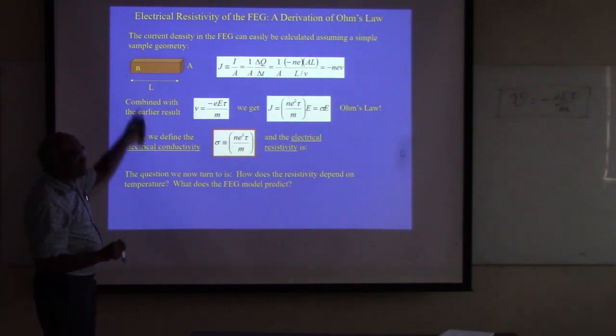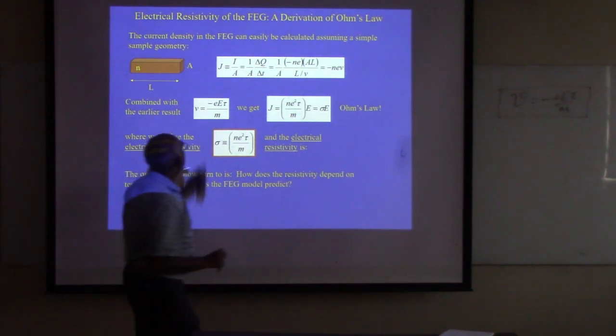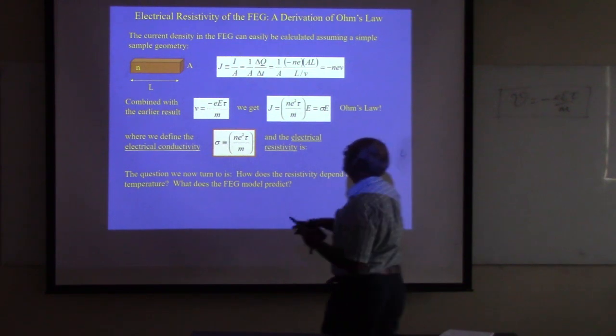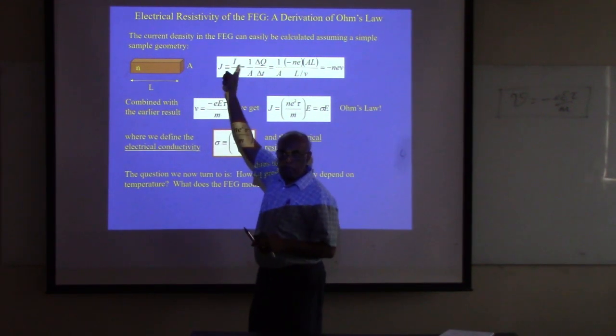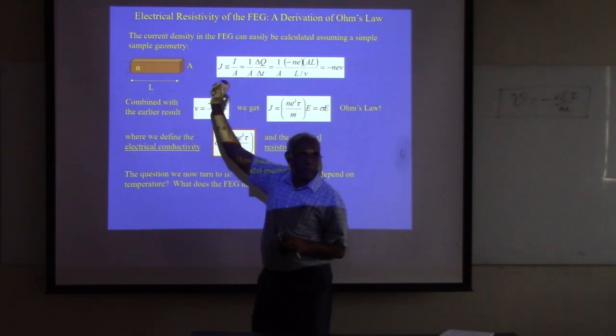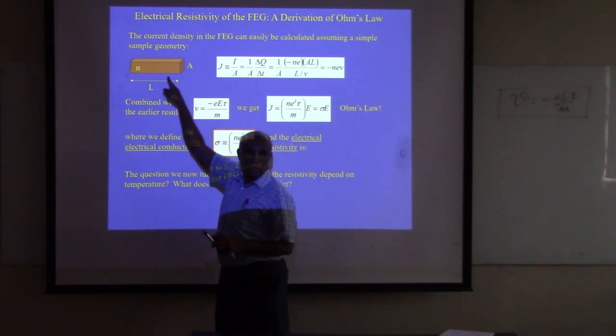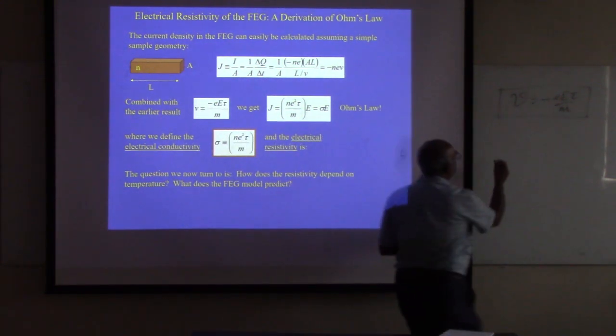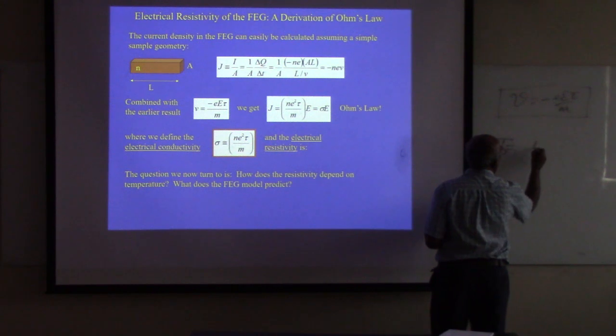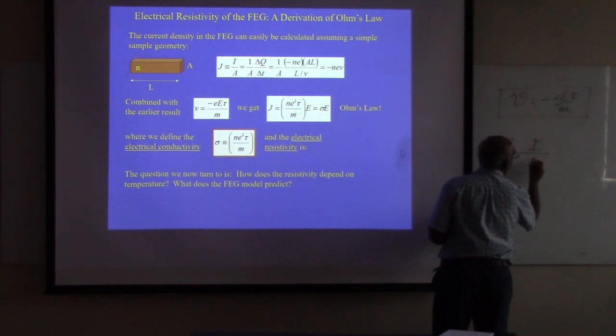N means per unit volume, please remember. Then I can write the current density. Everybody remember, current density means current per unit area. That's a very important thing. So J is written as the total current divided by the cross-sectional area.